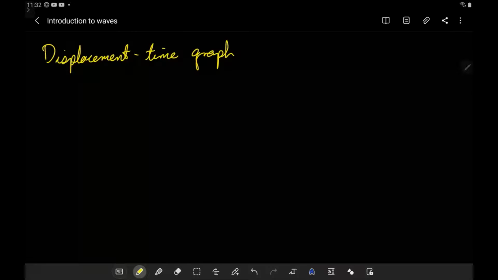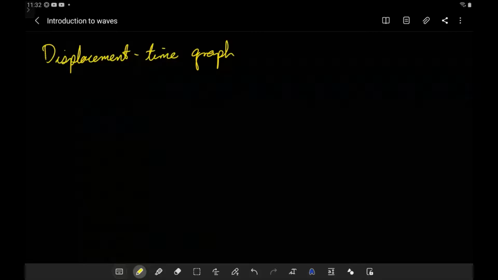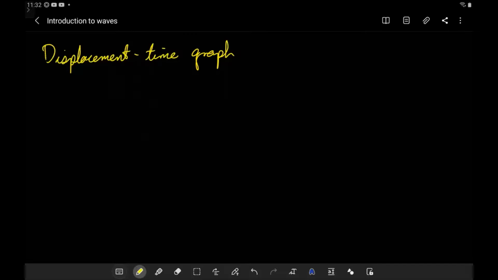Well, this is similar to a displacement position graph, but just this time, the position is held fixed and it is allowed to propagate through time. So a displacement time graph relates the displacement of one point.